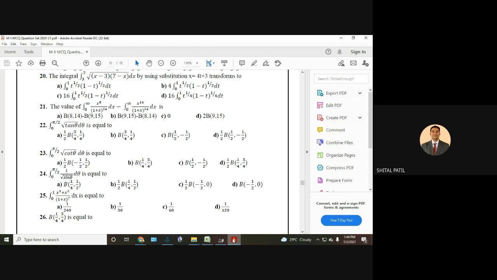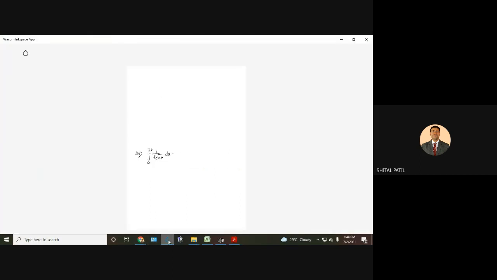Zero to pi by 2. So it is like this. Use this formula.